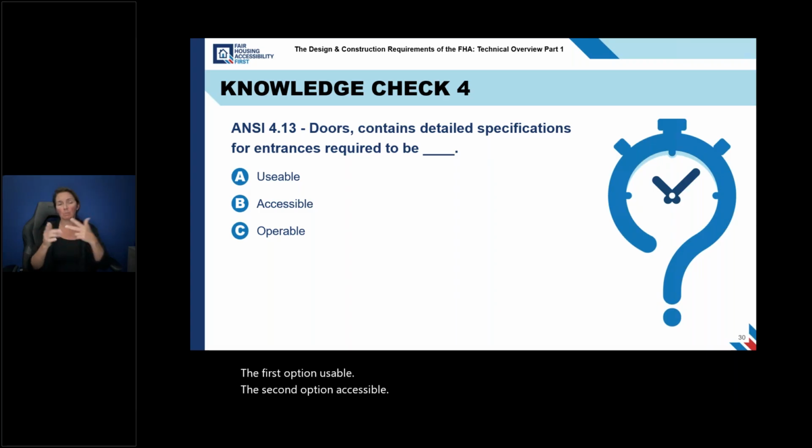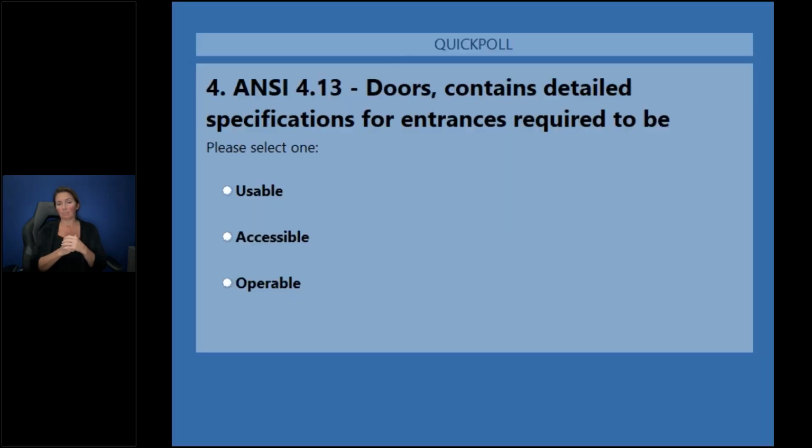And the third option, operable. So go ahead and launch this poll. And again, this reads, ANSI 4.13 doors contains detailed specifications for entrances required to be blank. The first option, usable. The second option, accessible. The third option, operable.